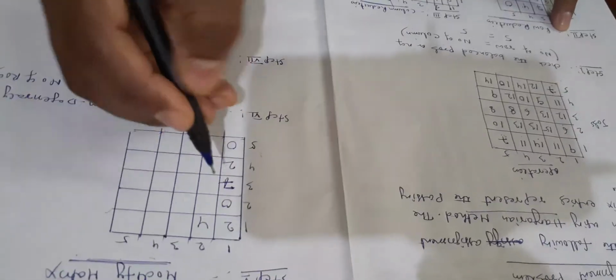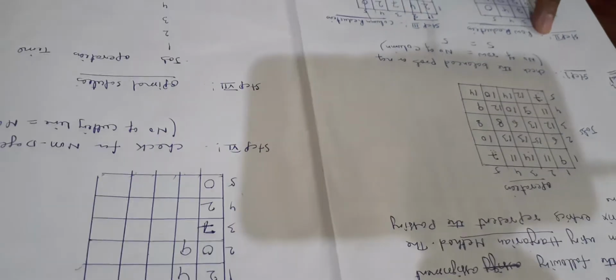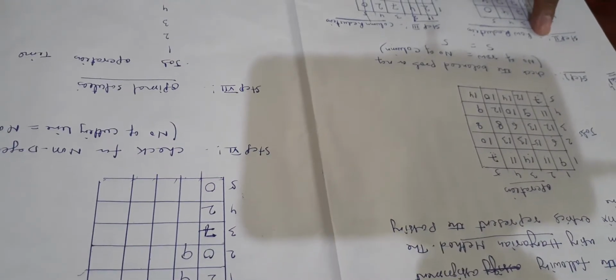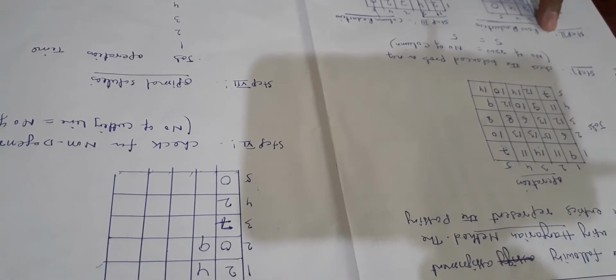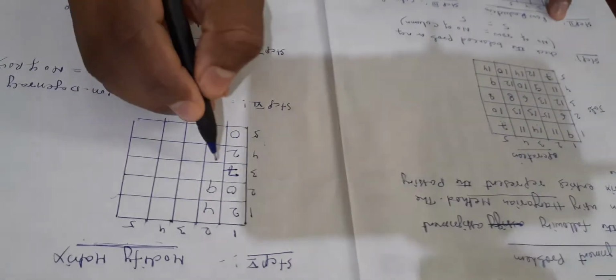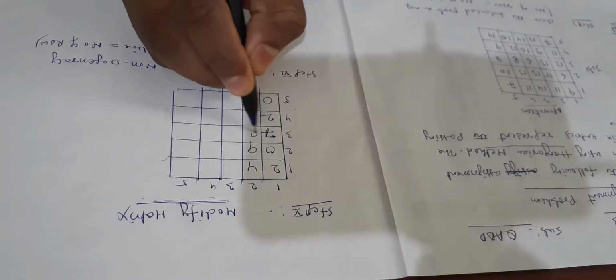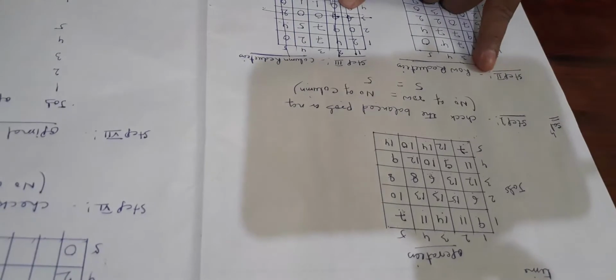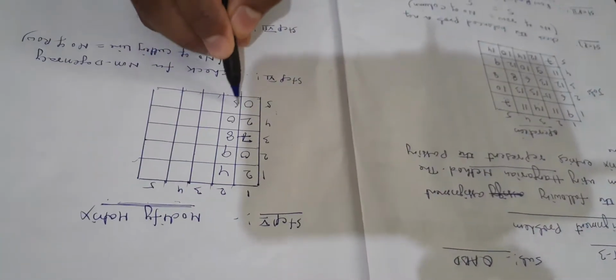Next is 4, here is 9, here also 7 with the plus sign, so 7 plus 1 is 8. Next 0, write 0, and here 5, write 5.